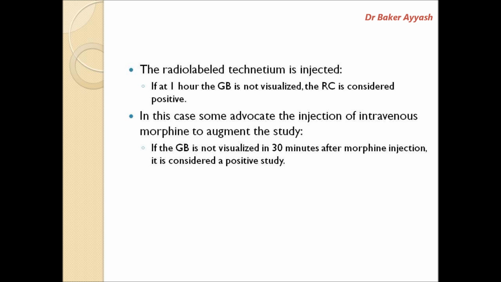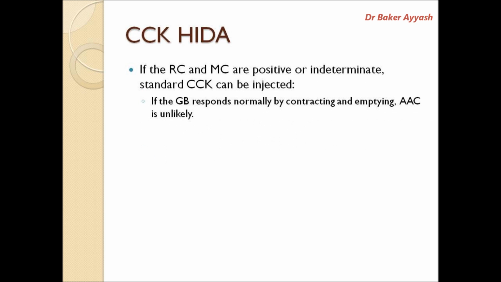If the gallbladder is not visualized in 30 minutes after morphine injection, it is considered a positive study. If the RC and MC are positive or intermediate, standard cholecystokinin can be injected.